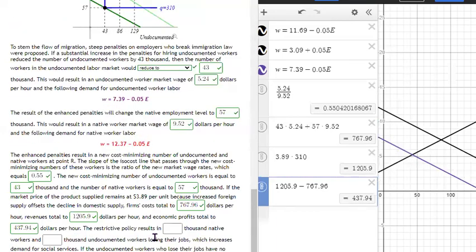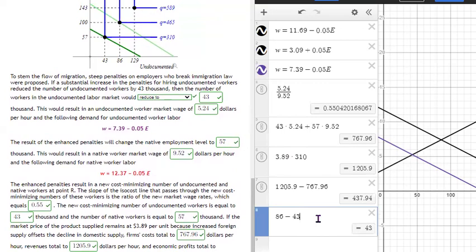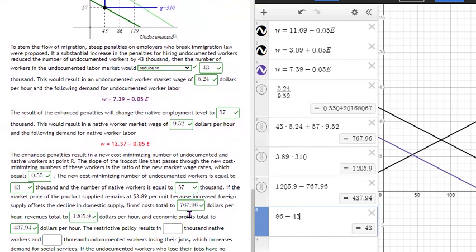The restricted policy results in blank thousand native workers and blank thousand undocumented workers losing their jobs. So we had 86 minus 43,000 undocumented workers lose their jobs.